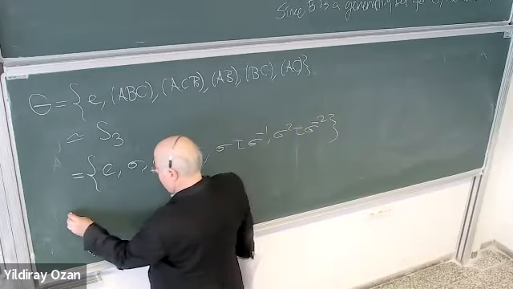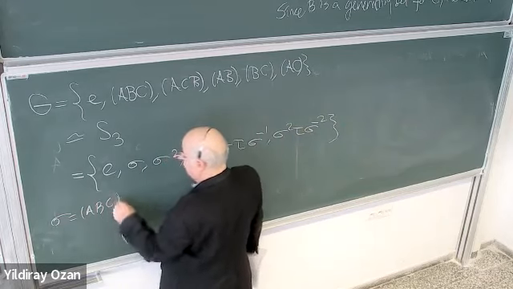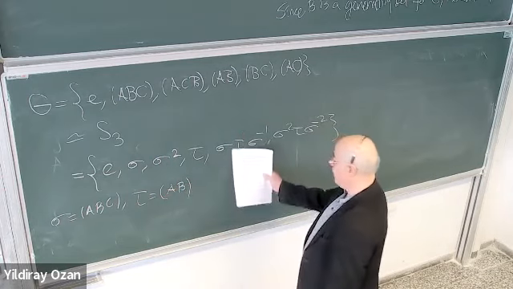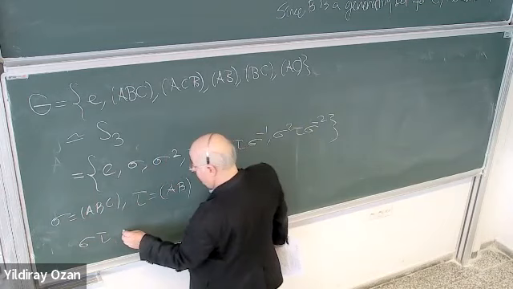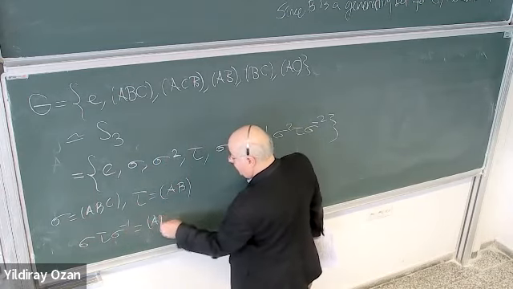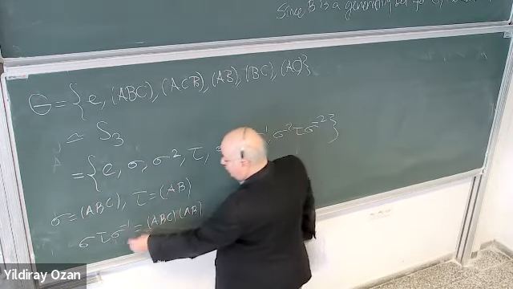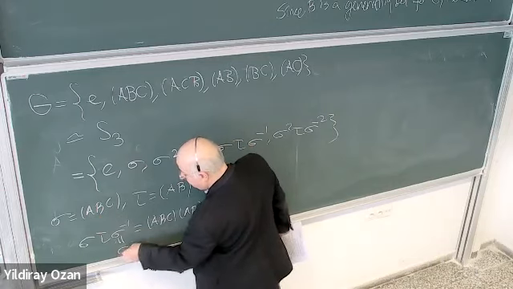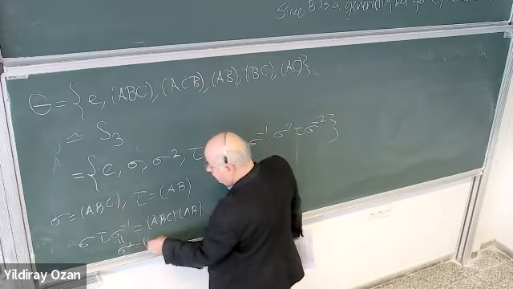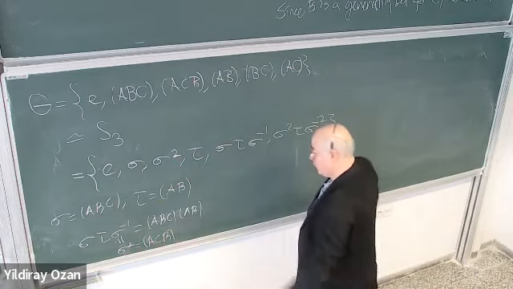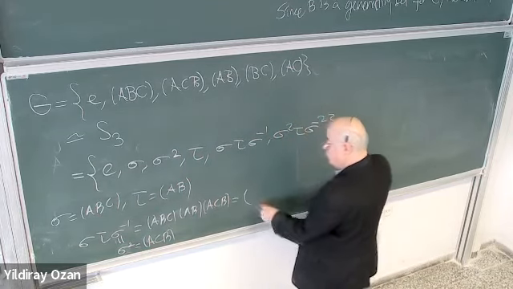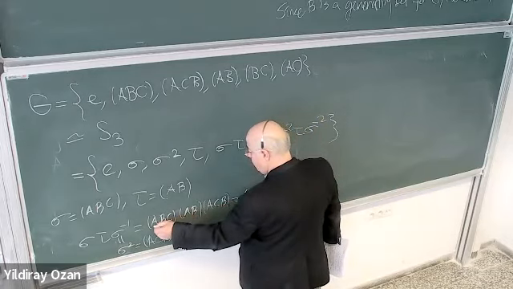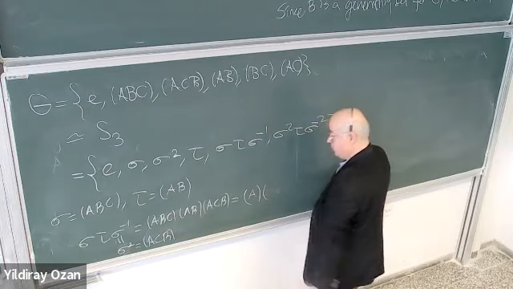If you want, let me remind you. Sigma was ABC, and tau was AB. For example, what will this conjugation correspond to? ABC, AB, and the inverse of this is, of course, actually sigma squared, right? Because its cube is identity. And what was this? ACB. So ACB. Then what is this? Let's see. A is mapped to C and C is mapped to A. Therefore, A is mapped to A. What about B?